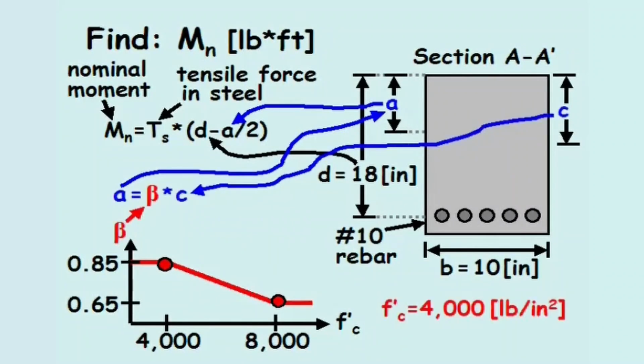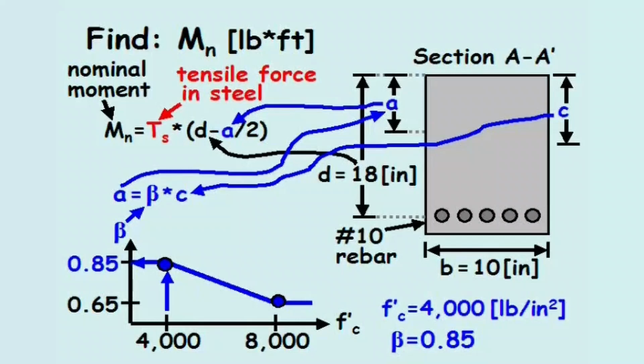Since the compressive strength in the concrete is 4,000 pounds per inch squared, the value of beta equals 0.85. For now, we'll leave the variable A in the moment equilibrium equation and utilize the values of beta and C later.